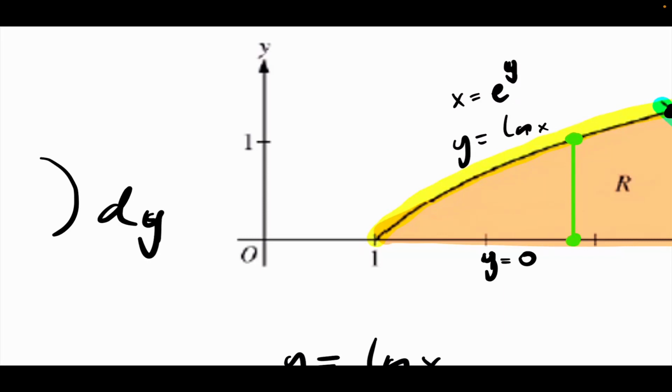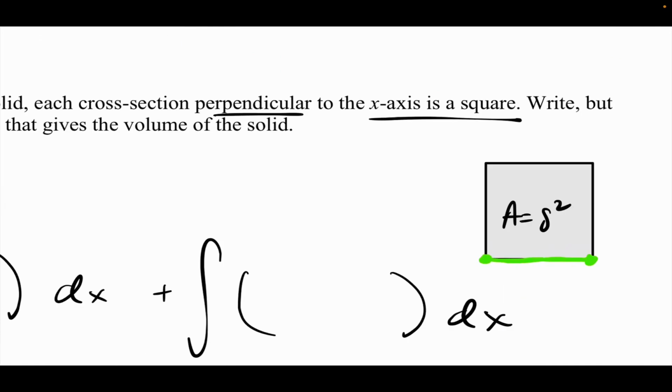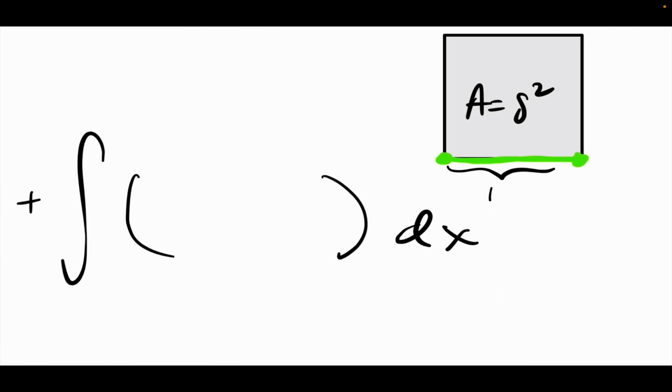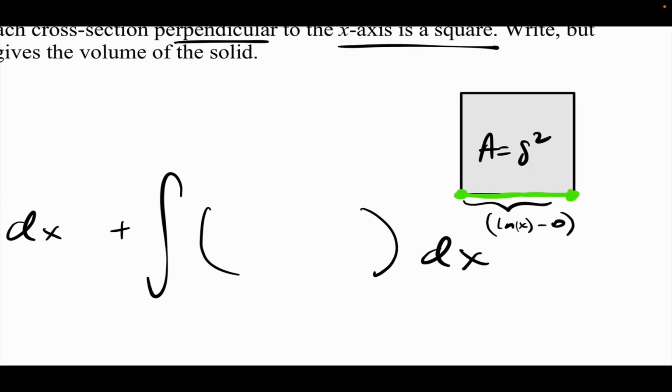So it's going to be the natural log of x minus 0. That's going to be the length here. So to find the area, we're going to square that.